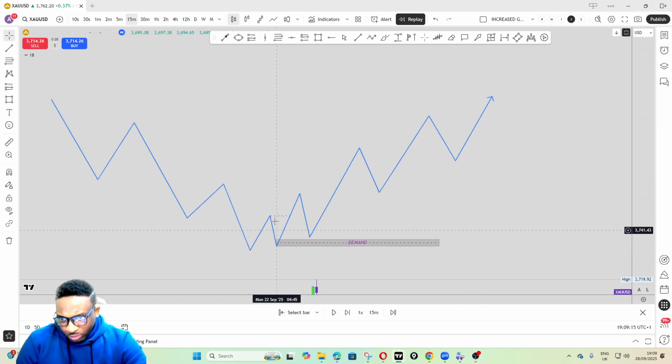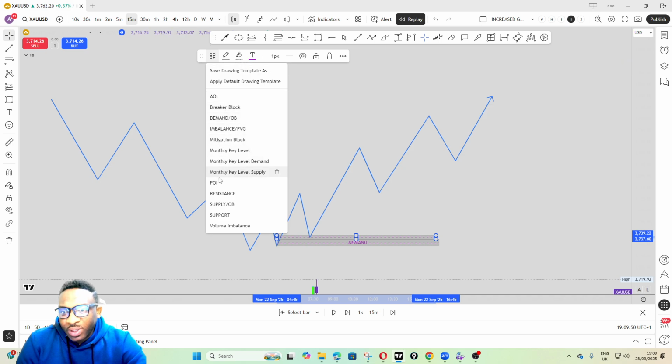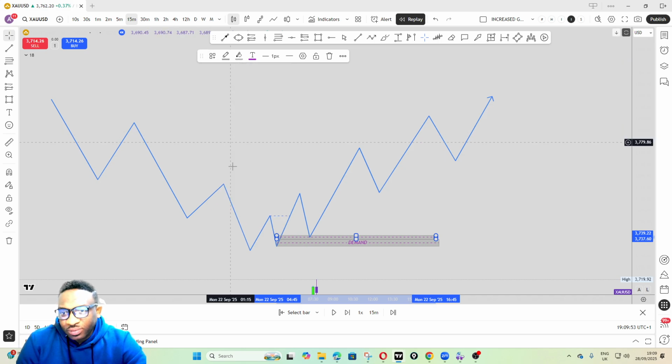After we've located or identified the demand area, we also look out for an area of inefficiency, or what we call the fair value gap or imbalance. To make this demand area valid, we want to see an area of imbalance also attached to it, to make the demand area a valid area to consider in terms of taking a trade from there.